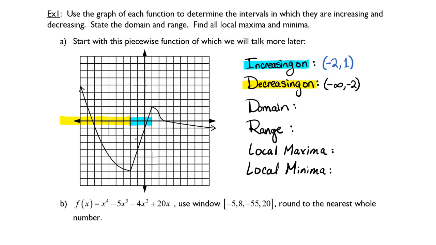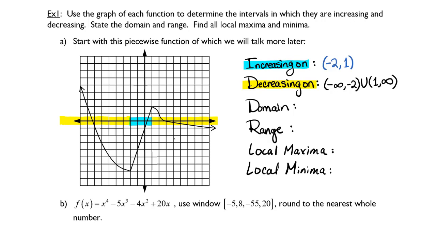There's a gap clearly from -2 to 1, so I'll put a union symbol because if I look at this next interval to the right of 1, I can see that the function again moves downward as I move from left to right on the domain. And so the last interval will be from 1 to infinity.